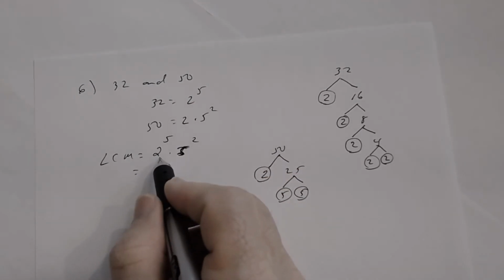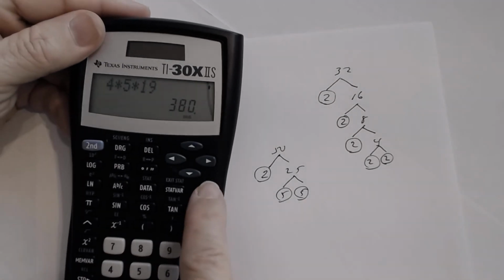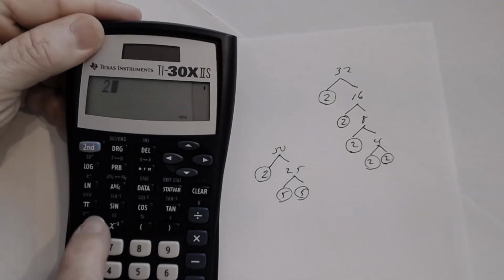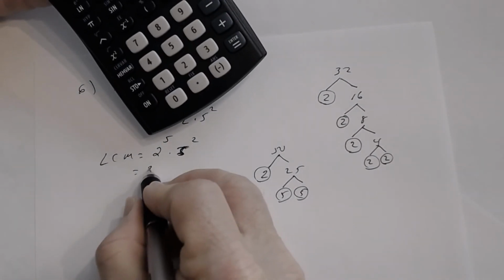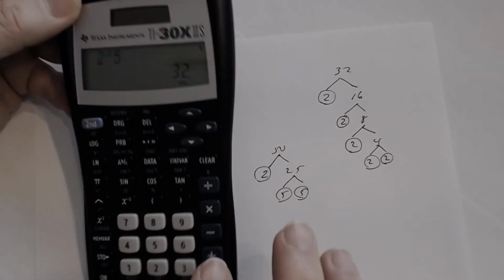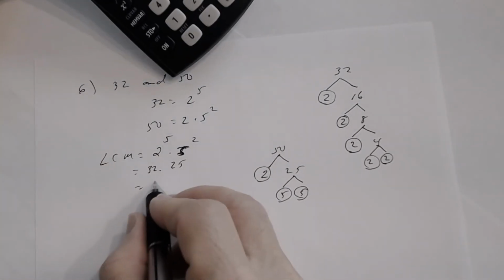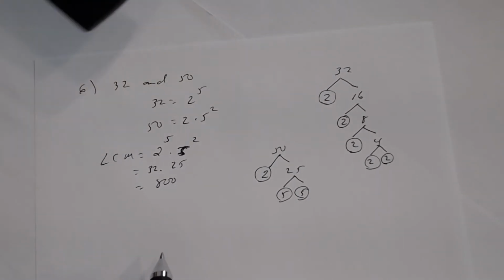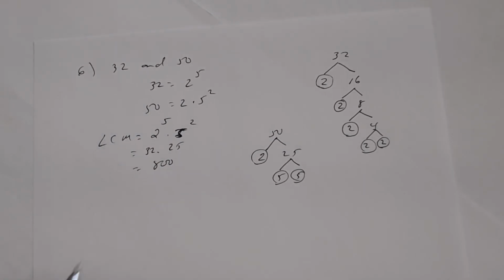Just use your calculator: 2 to the 5th is 32, and 5 squared is 25. 32 times 25 gives you 800. That's the smallest number that 32 and 50 go into evenly.